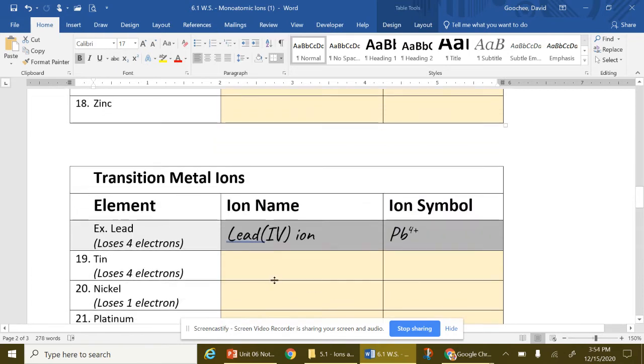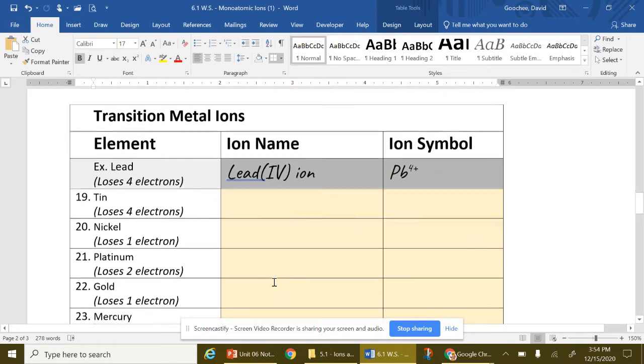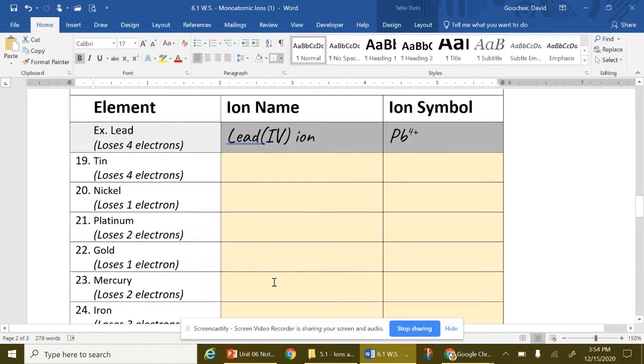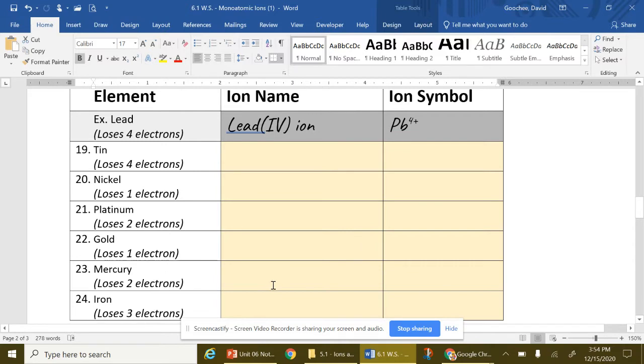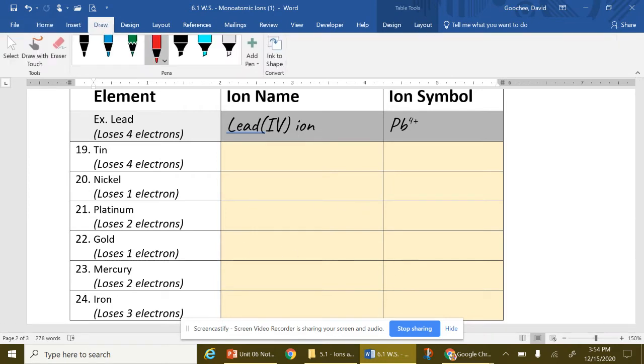Okay, what's next? We have these metals, these transition metals. Most of the metals can have multiple different charges. So what you have to do is specify with a Roman numeral what the charge of that metal is. So, for example, a mercury that loses 2 electrons. Look at number 23 here. Mercury is Hg.